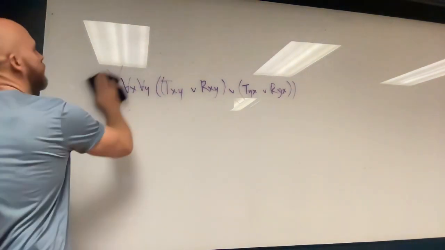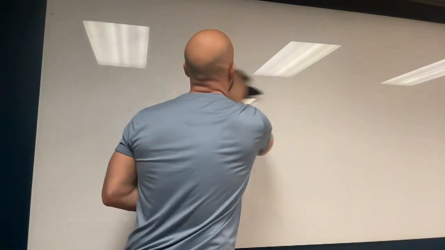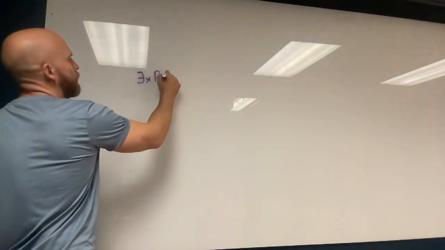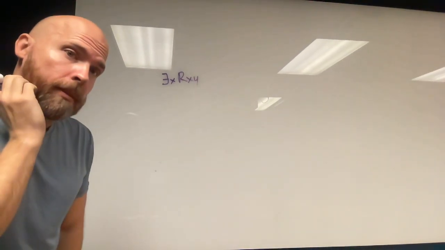Let's try what is hopefully an easier one to expand, because it doesn't have multiple quantifiers, just an existential. So we've got, there is something such that R, X, Y. In our domain, we're basically just trying to evaluate if something is related to something else.